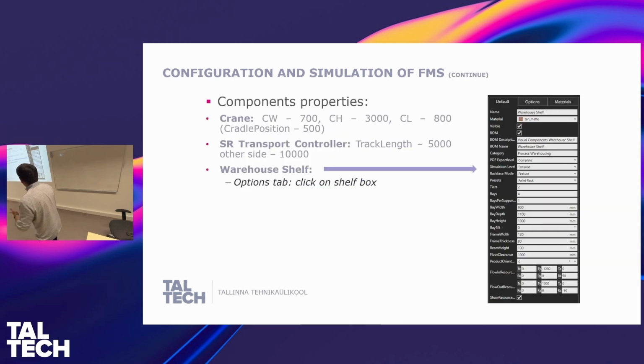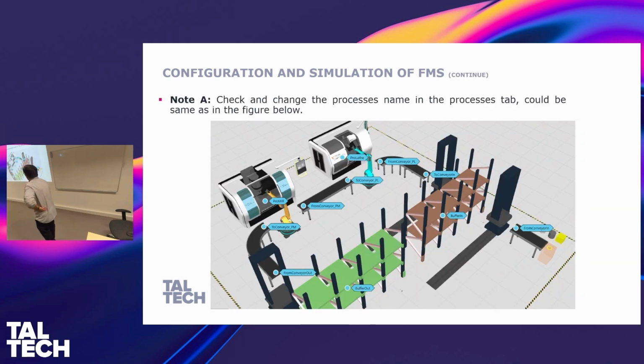I changed the properties here, and you can do it too. So it looks like that, the setup. We have the crane here, the controller, the input buffer or input rack, then we have the production area with mostly machine tending, and then we have the output rack.